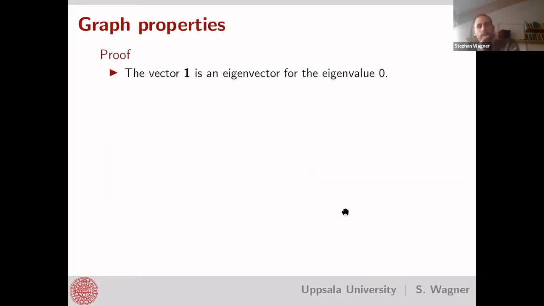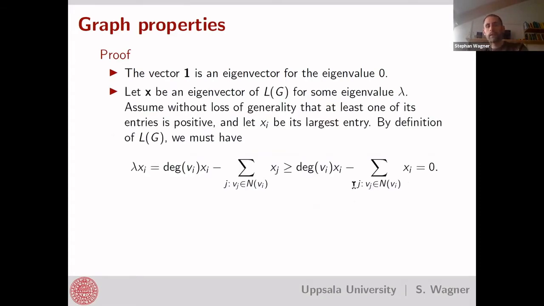Now, why is that? First of all, the 1, 1, 1, 1 vector is an eigenvector for the eigenvalue 0. I told you that before. That's got to do with the fact that the row sums are all 0 by definition of the Laplacian. And if we take any eigenvector for some eigenvalue lambda, then we can perform some manipulations with that.